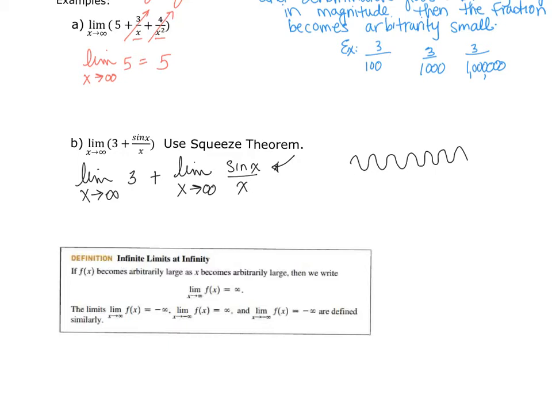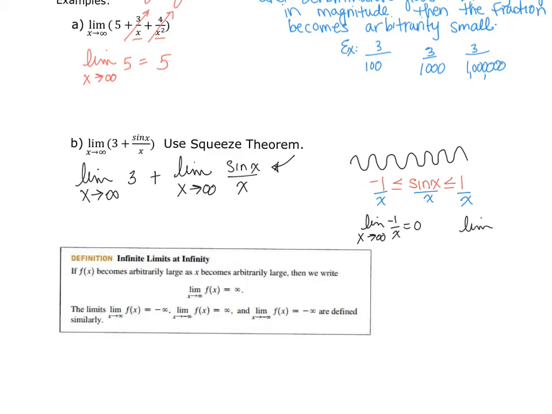So we have to use the squeeze theorem here, and we can start with the fact that sine of x is between 1 and -1. And if we then divide each piece by x and take the limit, we get the limit of -1 over x as x approaches infinity is 0.